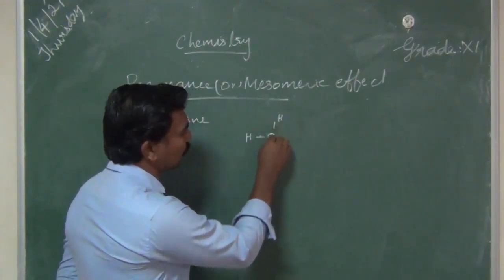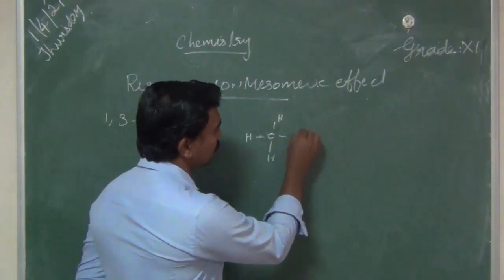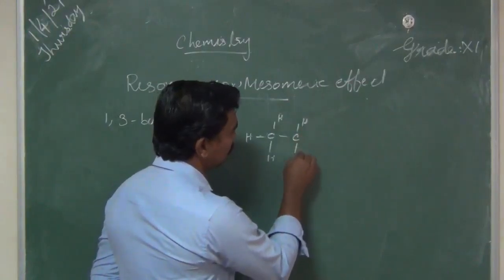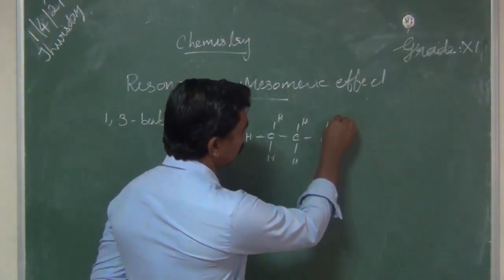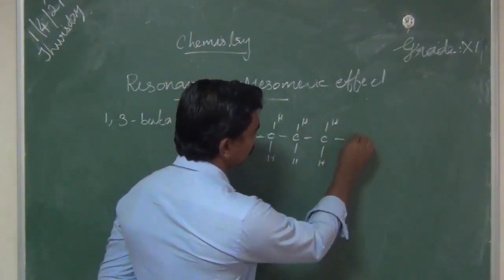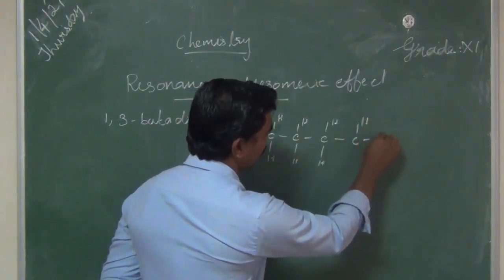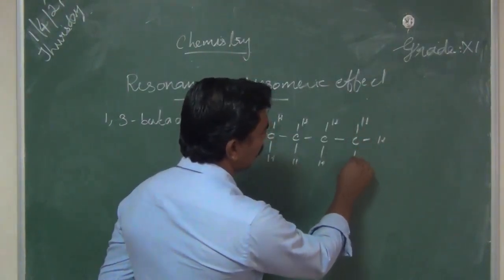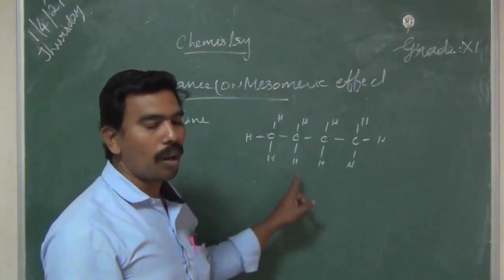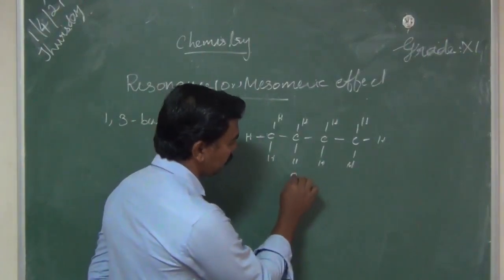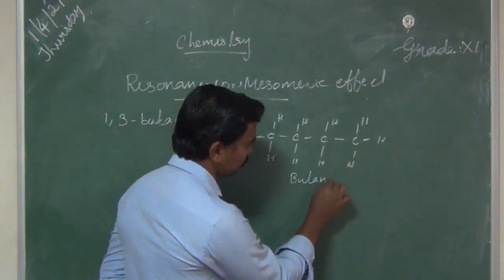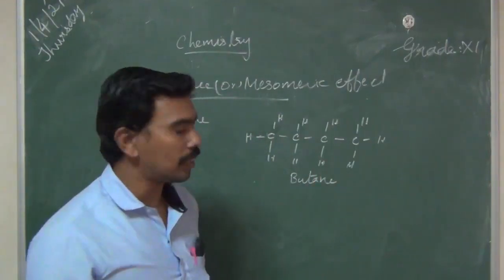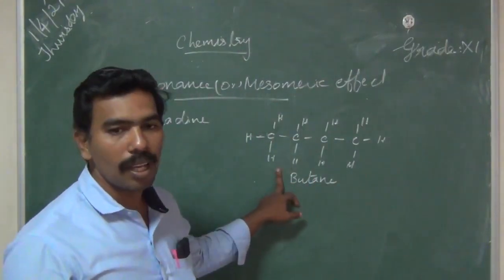I will draw the structural formula, CH3, C, CH3. Listen carefully: this is the structure of butane.